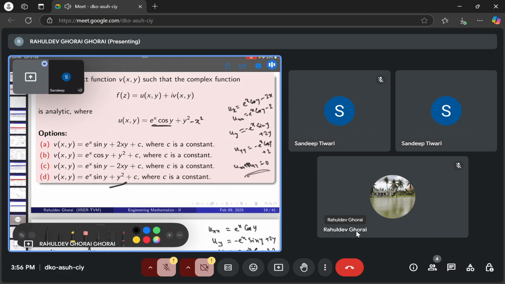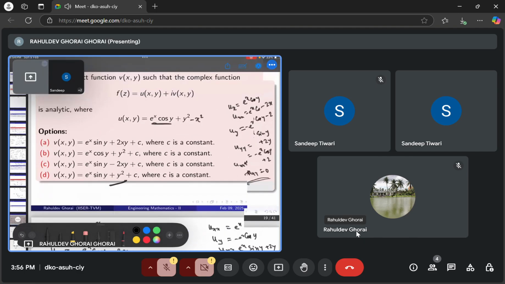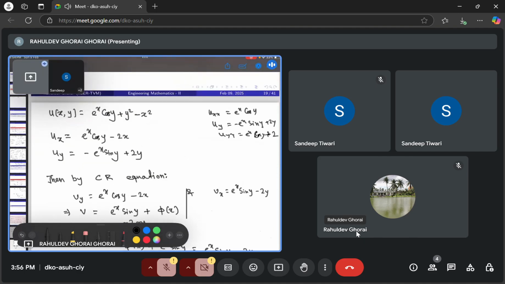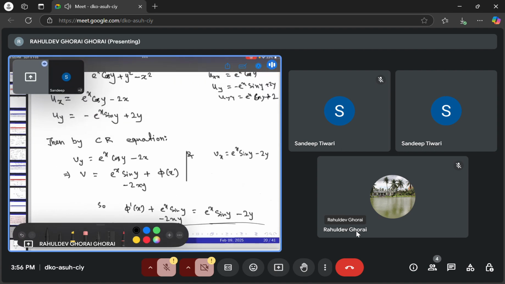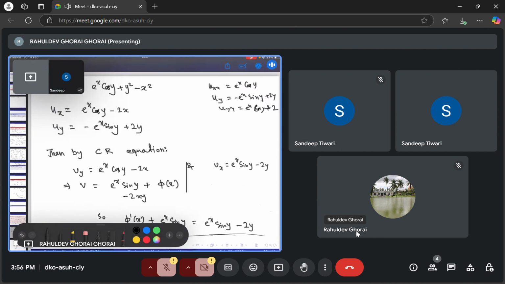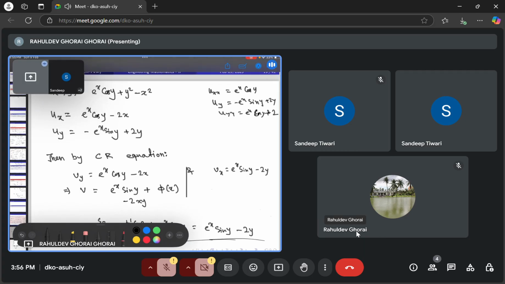So when you have a harmonic function, then you should get a harmonic conjugate. You start with ux, which is e to the power x cos y minus 2x, and uy, which is minus e to the power x sin y plus 2y. Then if you have the CR equation, vy will be ux, that is e to the power x cos y minus 2x. So then v will be like this, minus 2xy.